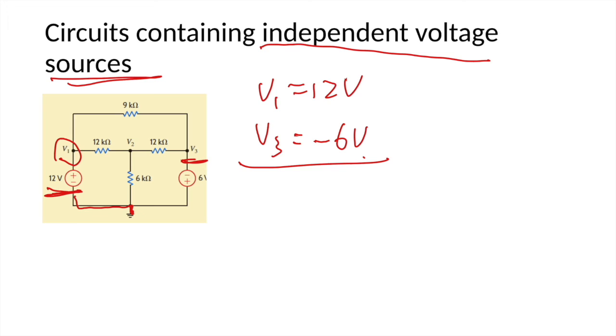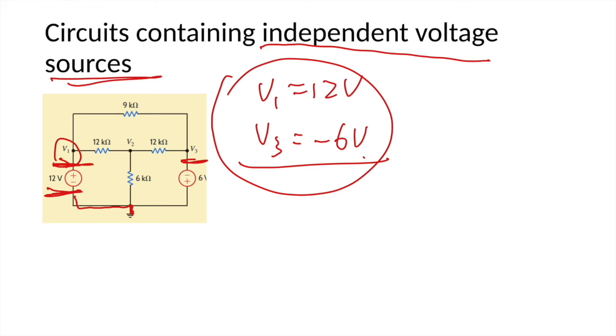it simplifies our analysis, because our goal is to find the voltage on each node, and here we can easily obtain the voltage on node 1 and node 3, but we do not know the voltage on node 2, so we still need to calculate it. We can apply KCL at node 2.